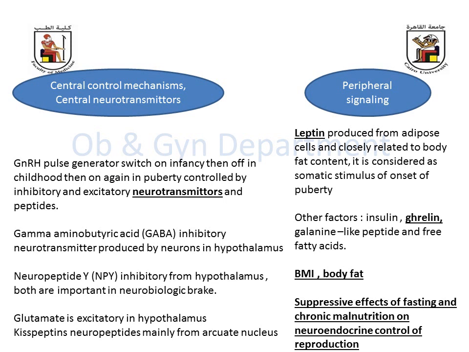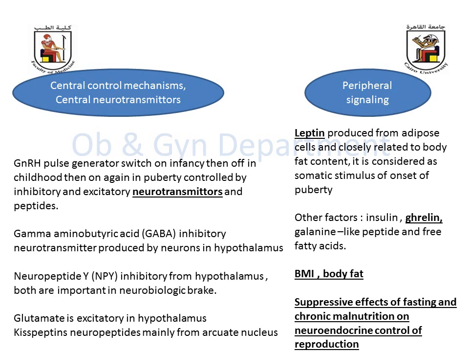These neurotransmitters are classified into either stimulatory or inhibitory. The stimulatory ones include excitatory glutamate and excitatory kisspeptin. Both are responsible for increasing the pulse frequency of gonadotropin-releasing hormone, while gamma-aminobutyric acid and neuropeptide Y are both inhibitory neurotransmitters.